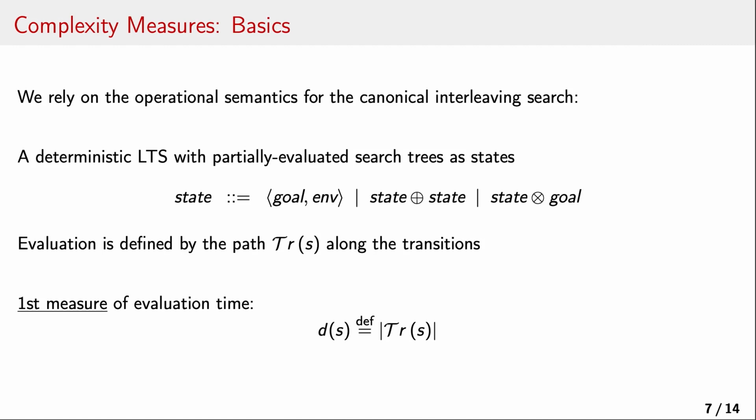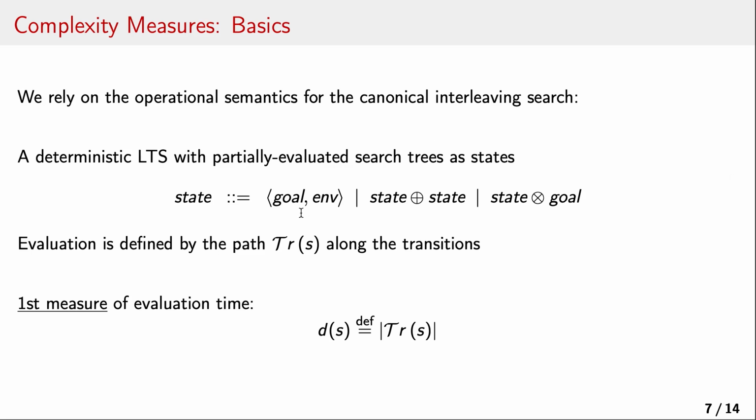To analyze the search formally, we rely on the existing operational semantics for interleaving search. It's a deterministic labeled transition system whose states are trees representing partially evaluated streams.